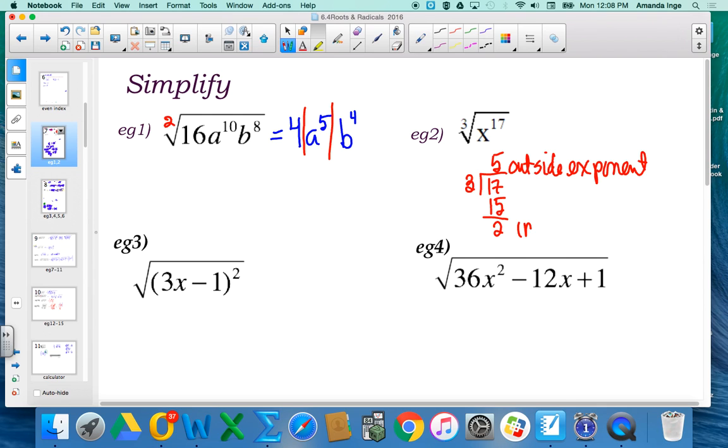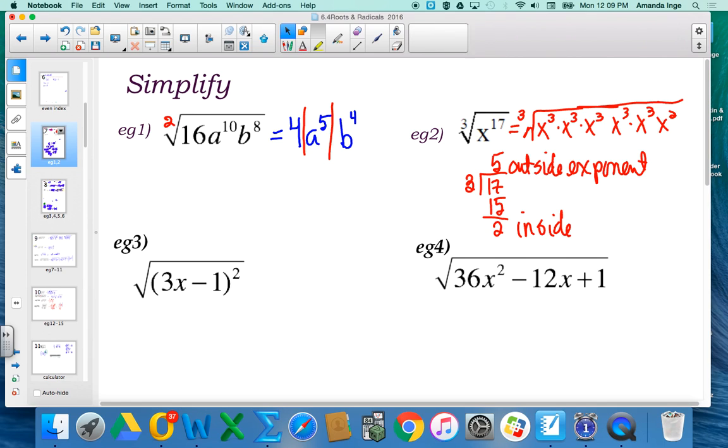And this is left the exponent, which is inside the radical sign. So nobody does this. So this is x cubed times x cubed times x cubed times x cubed times x cubed, 1, 2, 3, 4, 5, times x squared.